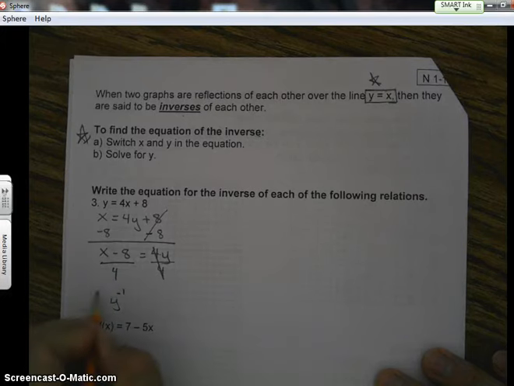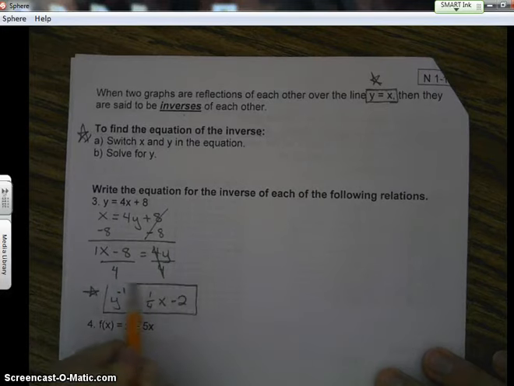This is inverse notation, need to know that. Equals, and I'm going to go ahead and break this up into 2. So this is going to be 1/4 x, and then -8 divided by 4 is -2. So that is our inverse equation.